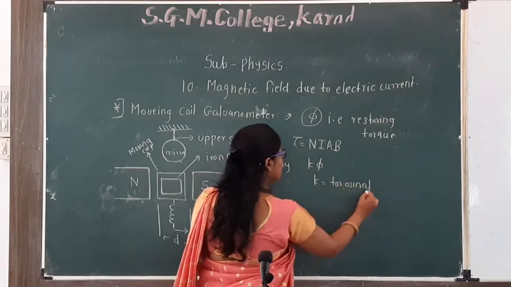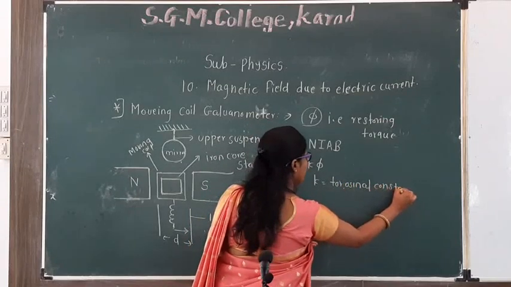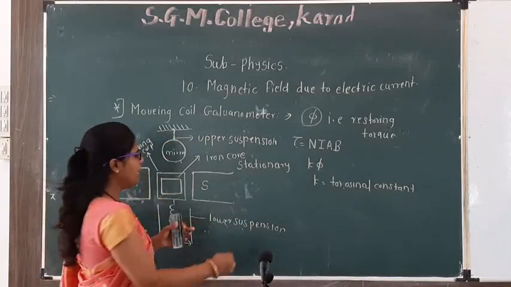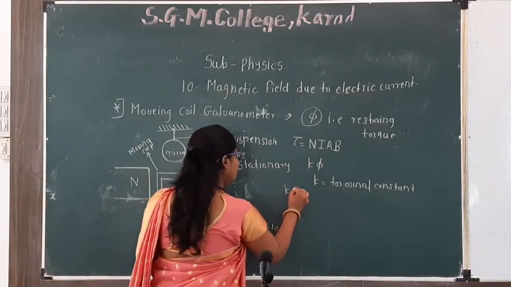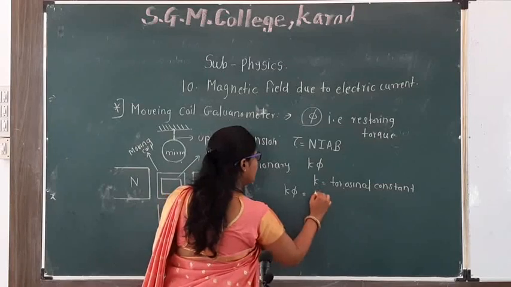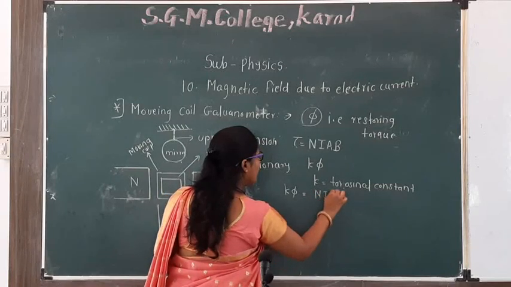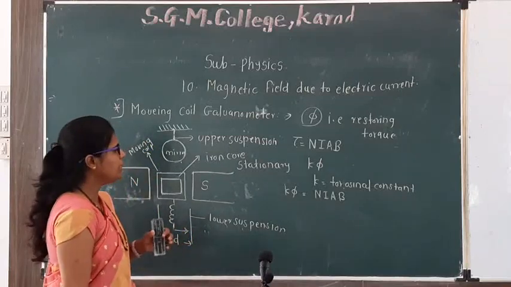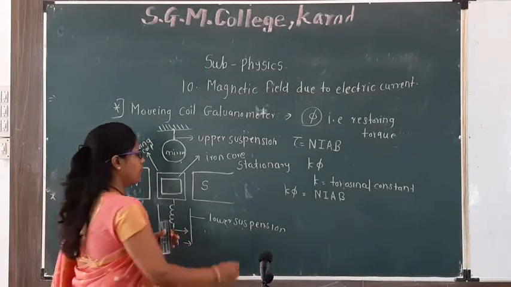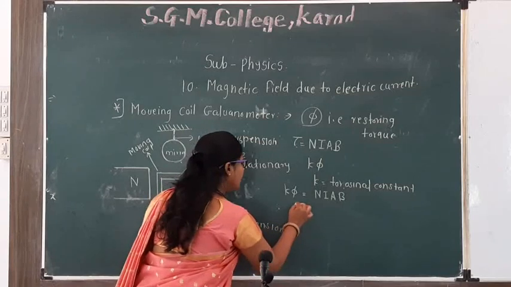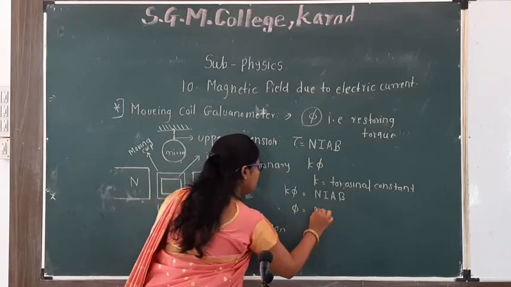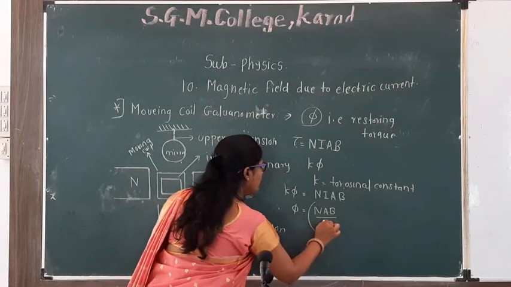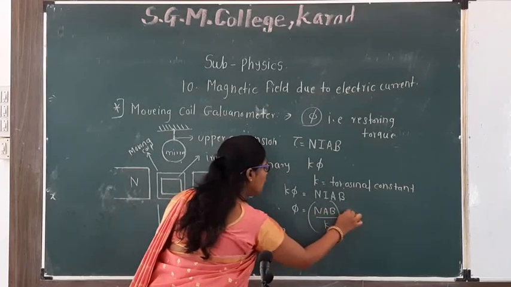So K phi is equal to NIAB. Therefore, phi is equal to NAB upon K into I.